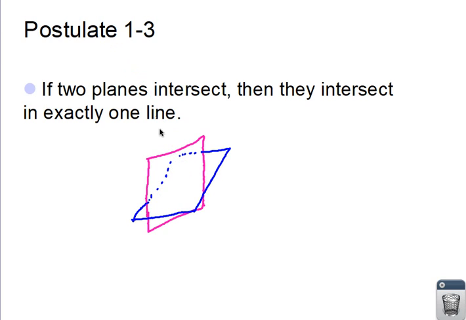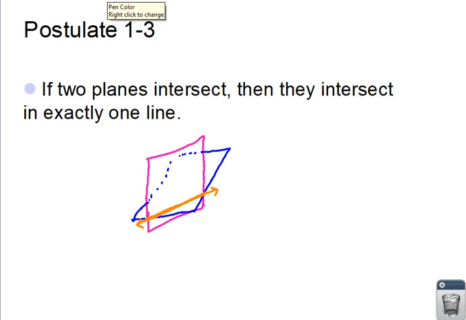Then where they intersect, which would be right here, would be 1 line. The easiest way to think about this is to look at how walls intersect.